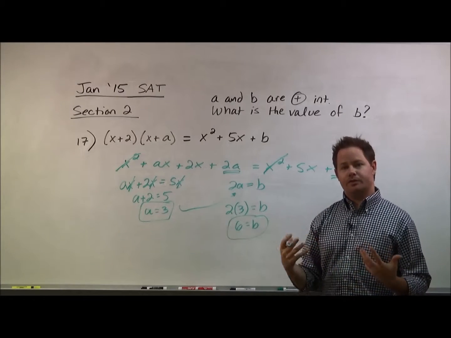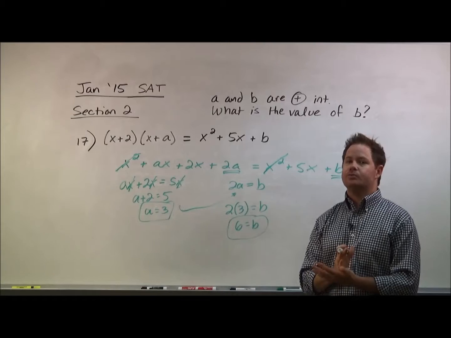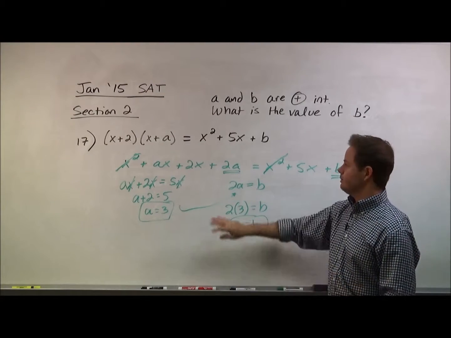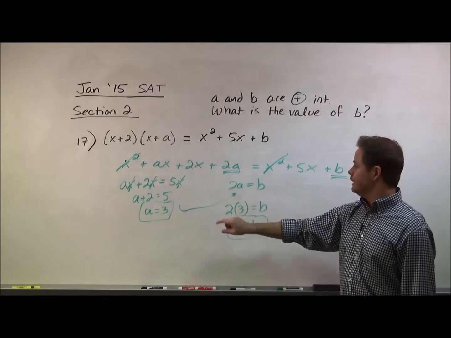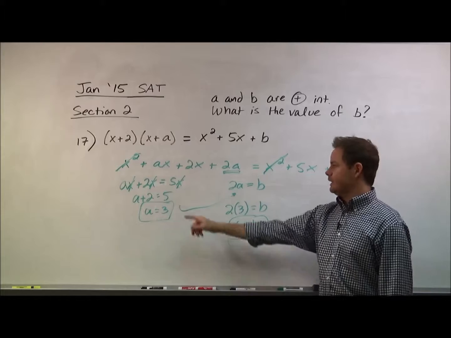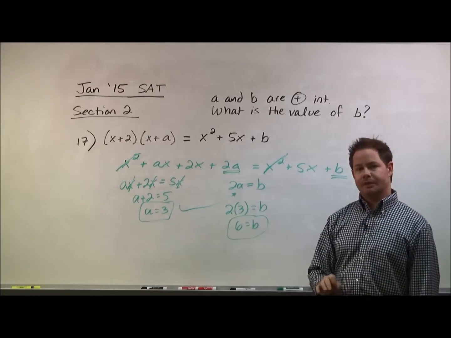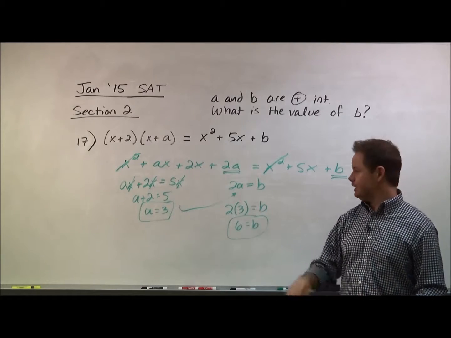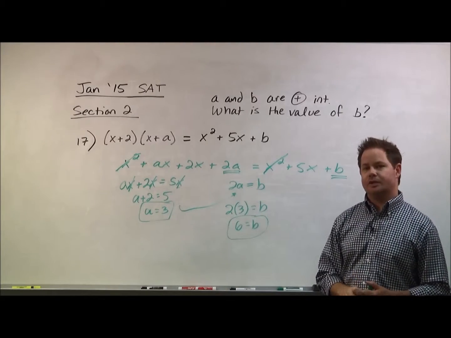We just don't know what those values are, but they in fact do represent constant numbers. And that's one of the distinguishing features that makes a problem like this visually so tricky, is that they do have letters representing constant numbers and letters representing variables. But if you remember, x's go together, everything else goes together, set everything equal, plug in and solve, then you should be in good shape.